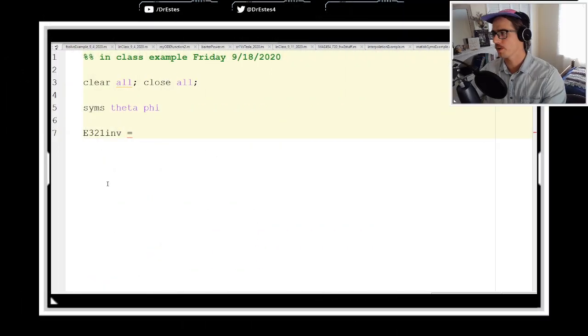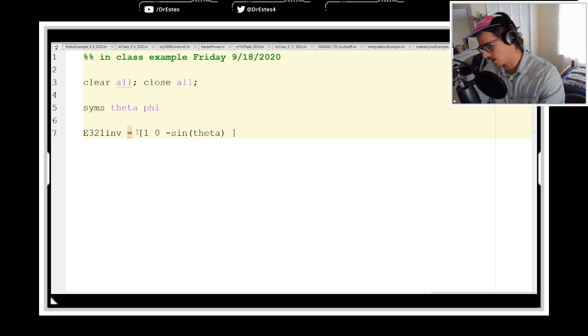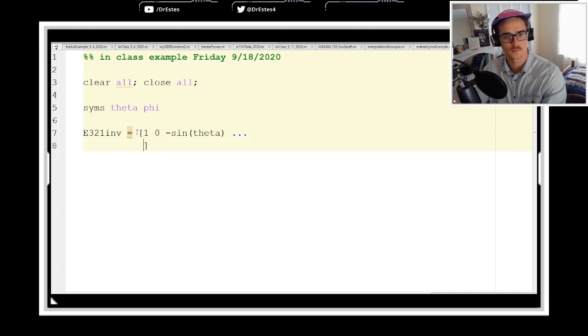Okay, I'm going back over here. So I'm building that matrix. So let's do it. It's 1, 0, minus sine of theta, and then I'm going to go on to the next line. You can do this dot, dot, dot thing if you want to build across multiple lines.